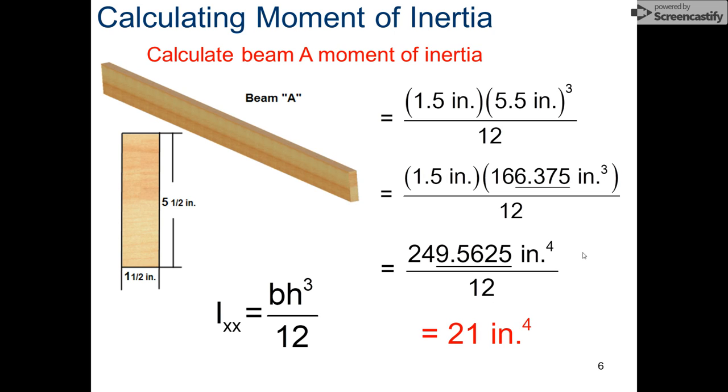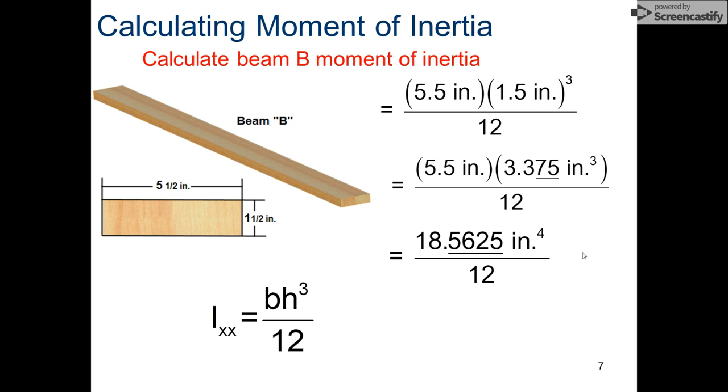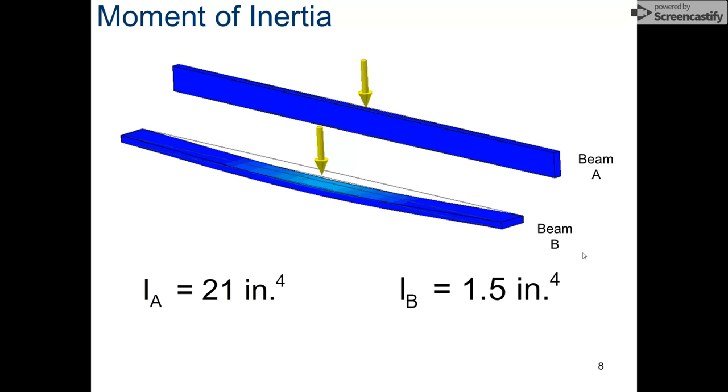right? So for beam A, we have 21 inches to the fourth moment of inertia, where with beam B, it's 1.5. So you could see that is a huge difference. And there you go.